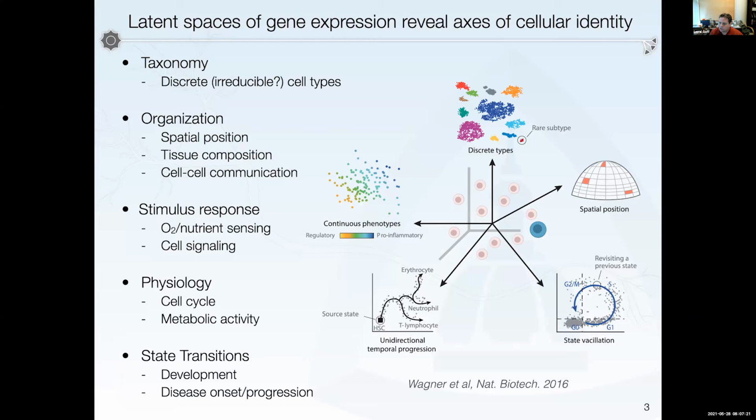So when we reduce a large data set of genes versus cells, we can identify individual spaces that might describe specific features such as cell type, spatial position, their position within a state like cell cycle or a differentiation signal, or some other continuous phenotypes such as oxygen sensing or metabolic activity.